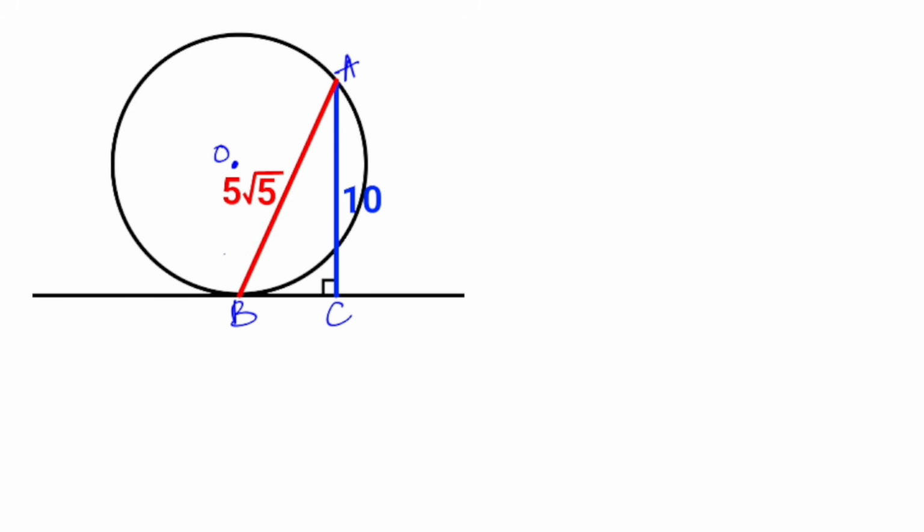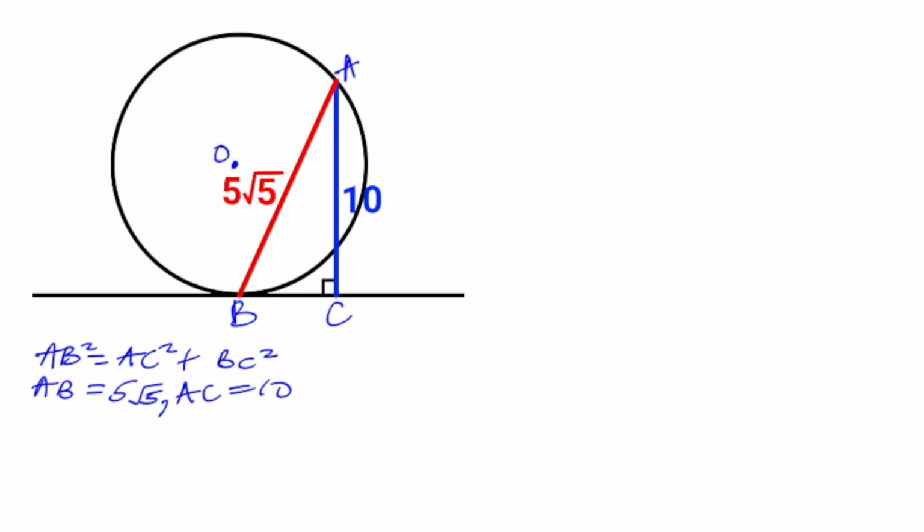Using the Pythagorean theorem on triangle ABC, AB squared is equal to AC squared plus BC squared. AB is equal to 5√5, and AC is equal to 10.